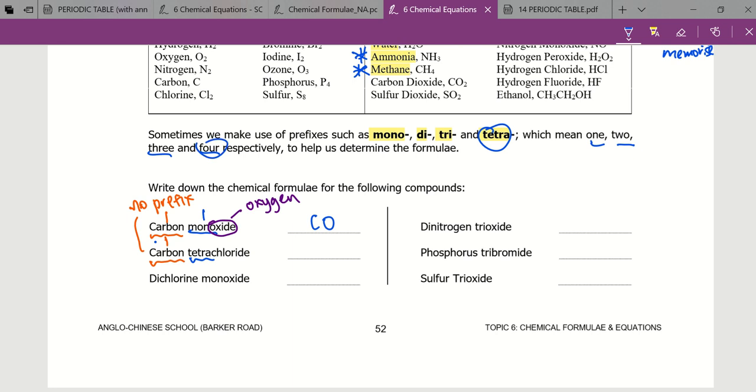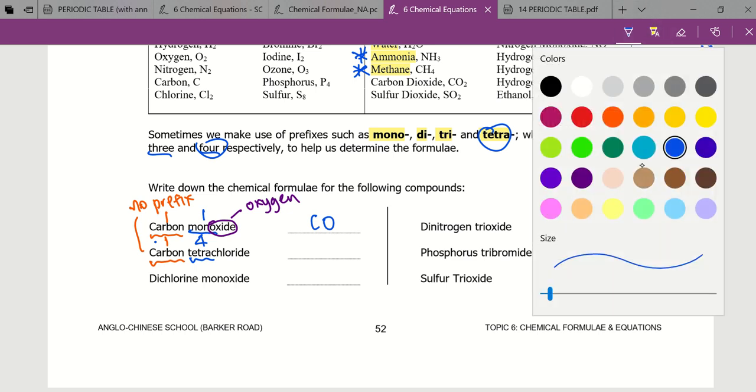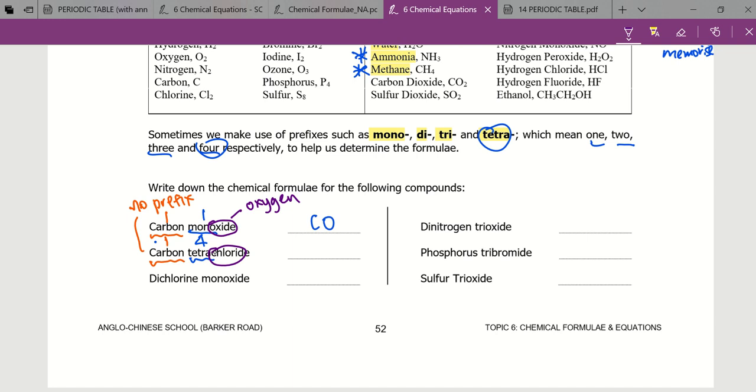So there are 4, and chloride means it is chlorine. So what is our formula? I have 1 carbon and I have chlorine, but there are 4 chlorine. If I've got 4 chlorine, it is written at the bottom right hand corner.